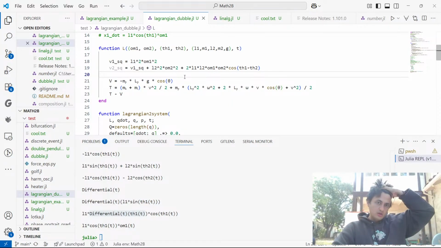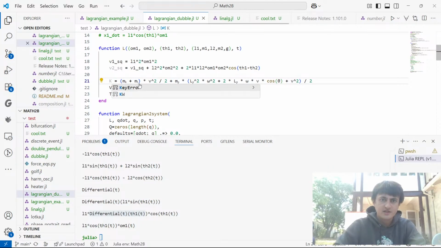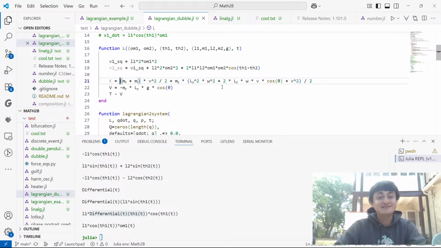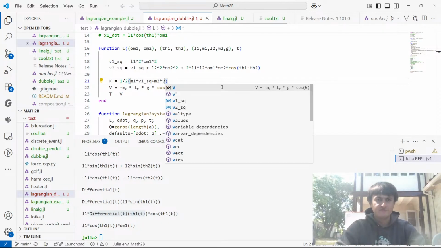Okay, cool. So now our kinetic energy, I'm calling it K because I'm not insane, is going to be 1/2 times m1 times v1 squared plus m2 times v2 squared.